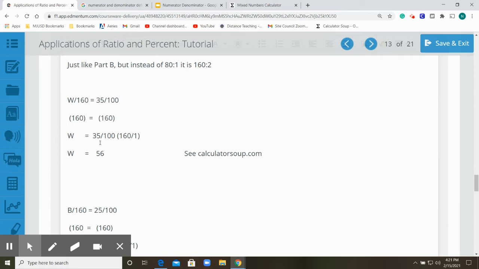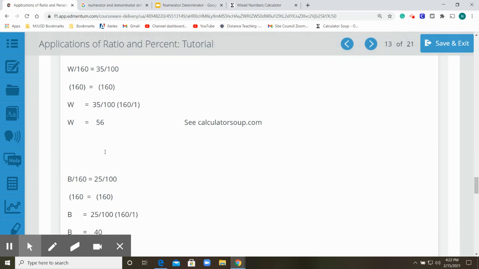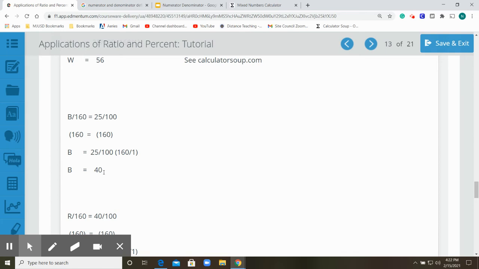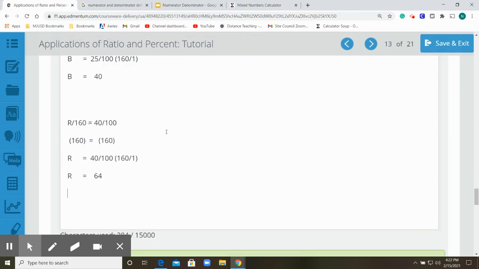We're left with W equals 35 over 100 multiplied by 160 over 1. Trust me, use calculator soup, that equals 56. We do the same steps for B and R, so for the blue and the red.